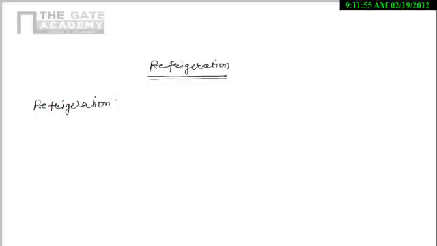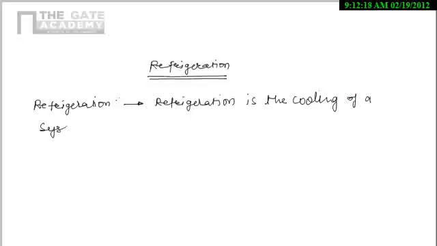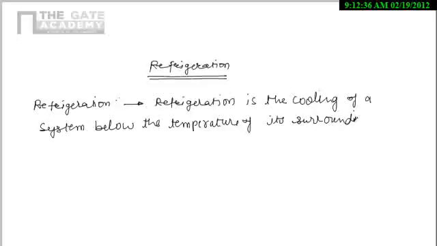So refrigeration is nothing but a cooling of a system below the temperature of its surrounding. So I can write: refrigeration is the cooling of a system below the temperature of its surrounding.